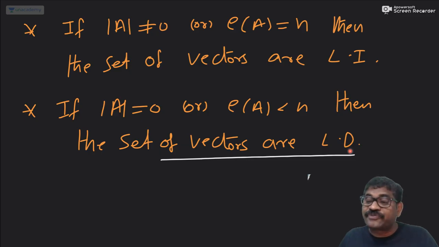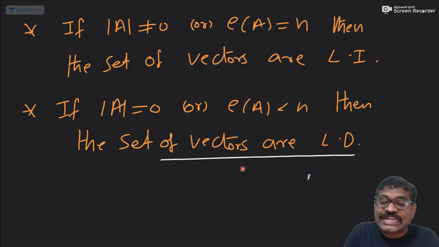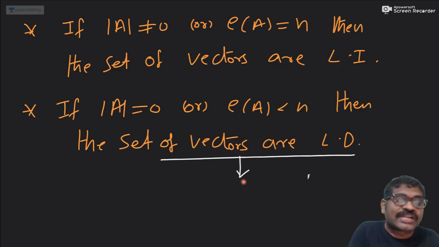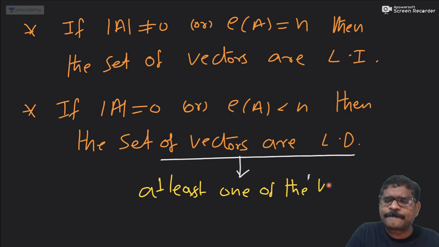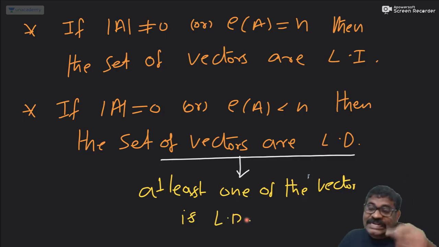The set of vectors is linearly dependent means you have to understand one point: at least one of the vectors is dependent. At least one vector is dependent, then the set is called dependent.